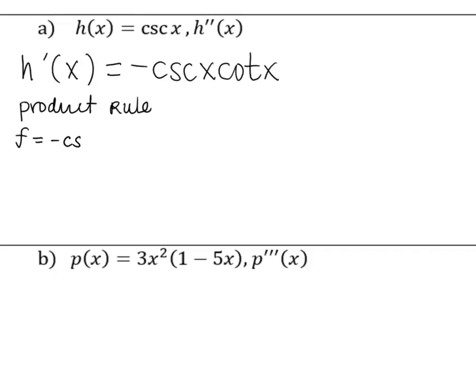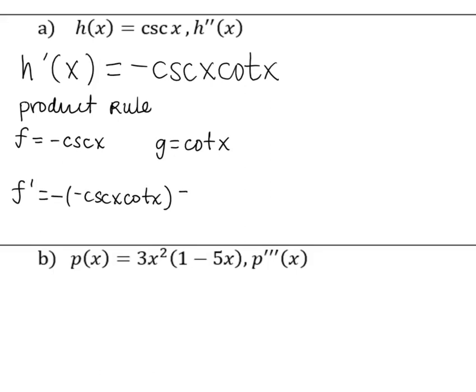We have already identified f, and we have also already identified g. We now need f prime and we need g prime. The derivative of cosecant x is negative cosecant x cotangent x. Mind you, we already had a minus sign there.